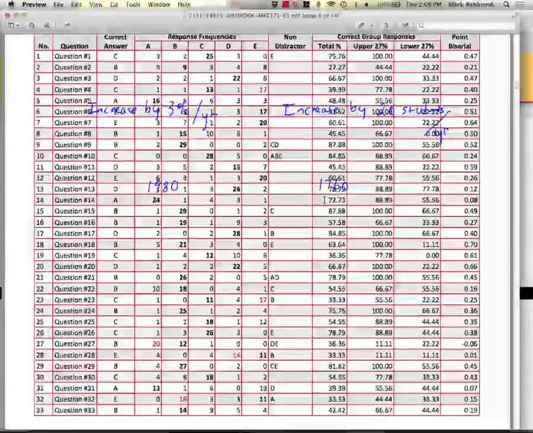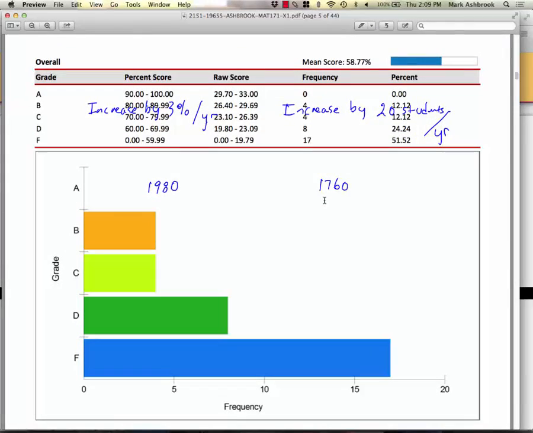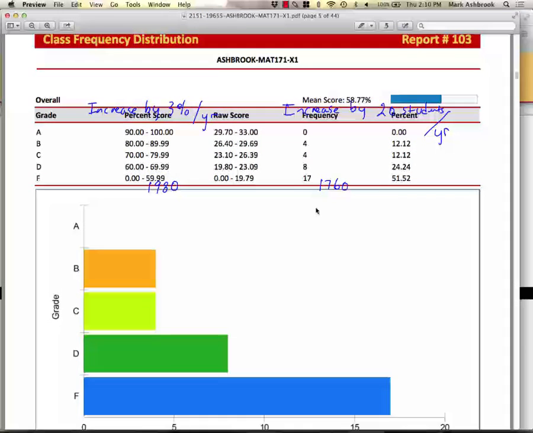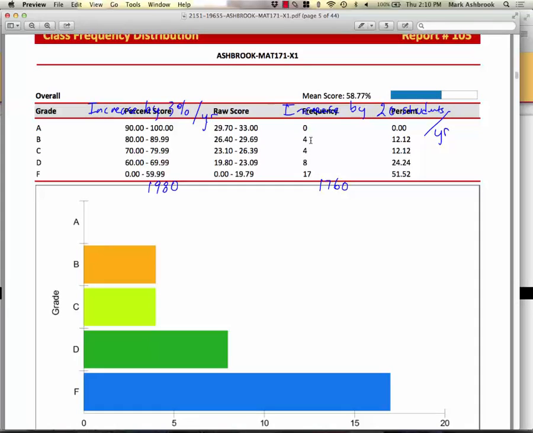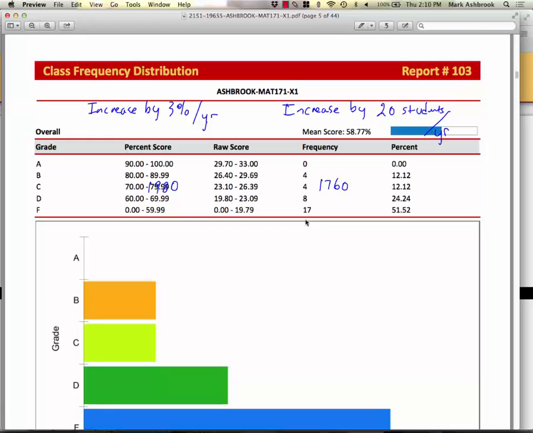That's per item. These are by items. Here are the class results. Raw. Oh. So 4 in the 80s, 4 in the 70s, 8 in the 60s, 17 below 60. What's that? No, I have to do all that. This is just a PDF document that I get.